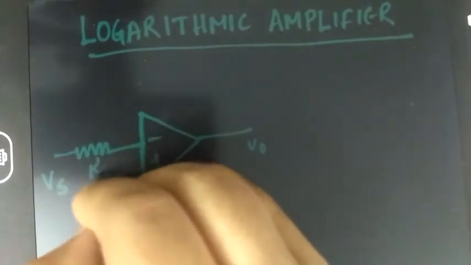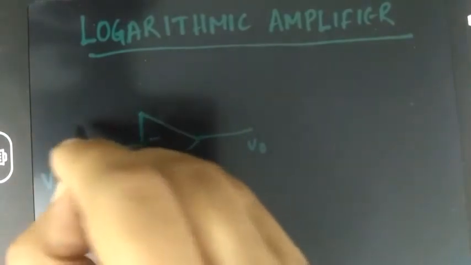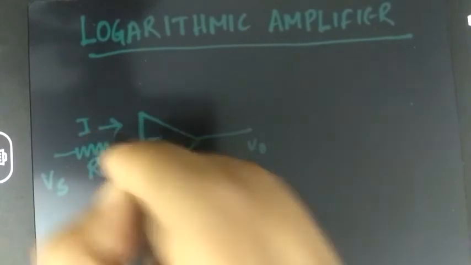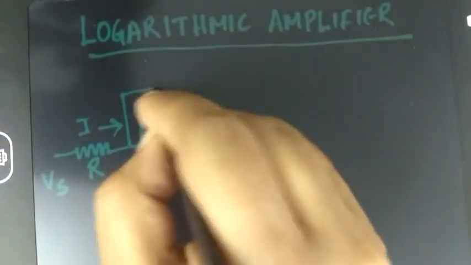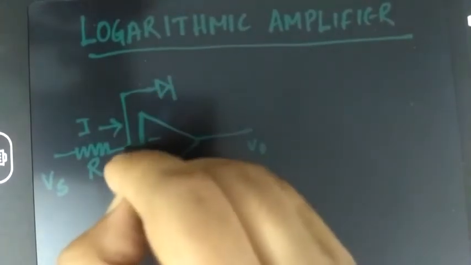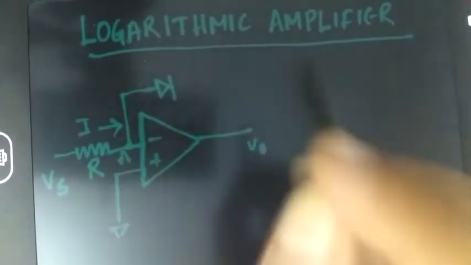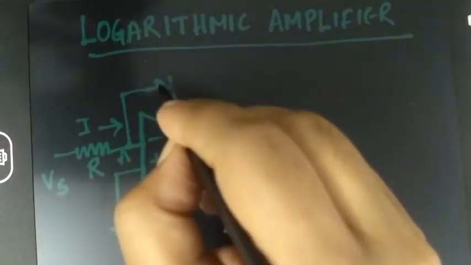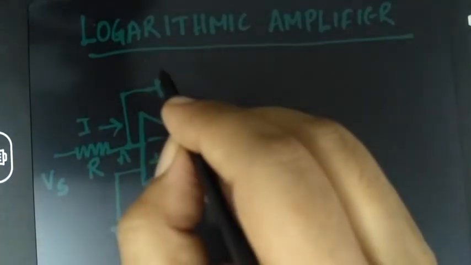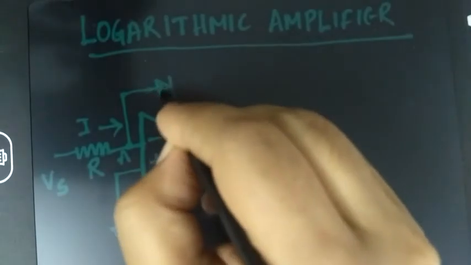And this is resistance R. Let I be the current flowing through this resistance, and as usual in all my diagrams, let this point be A. And over here I am drawing a diode.